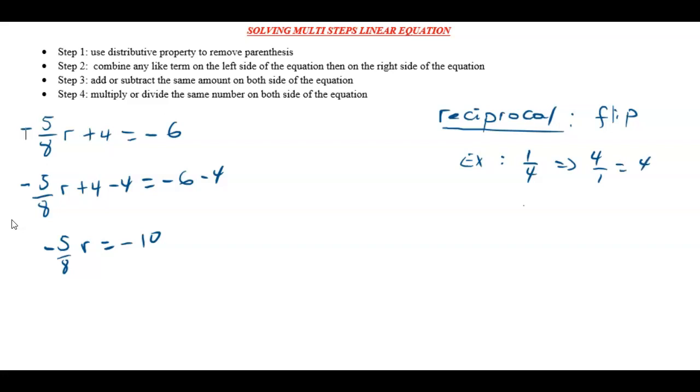If I have 2/3, the reciprocal will be 3 over 2. So reciprocal is when the numerator becomes the denominator and the denominator becomes the numerator.